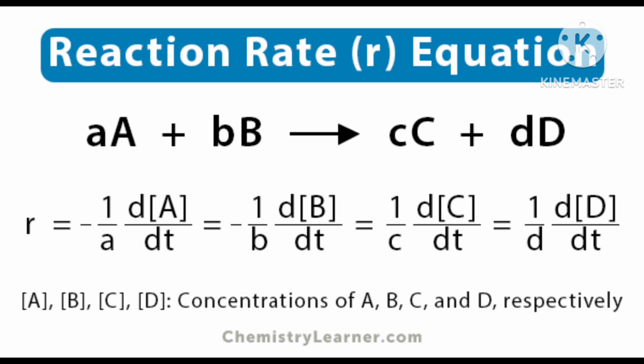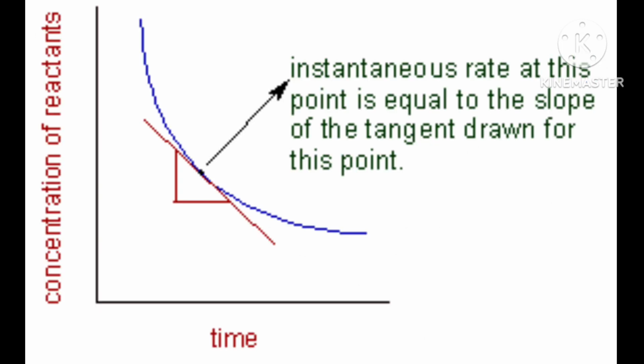Suppose in a general way, the concentration of A was C1 in the beginning, and after some time its concentration became C2, meaning less.